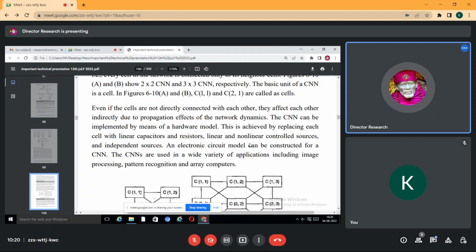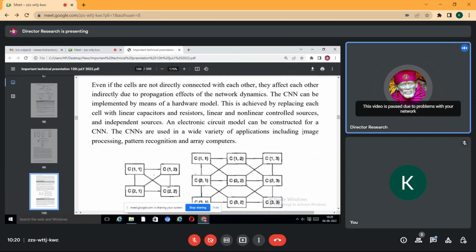The cellular network has a wide variety of applications. There are a lot of applications for the cellular network. For example, image processing, pattern recognition, array computers.